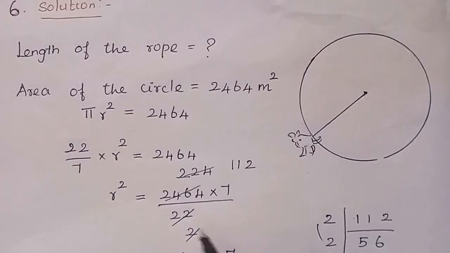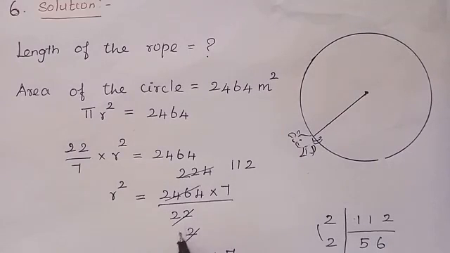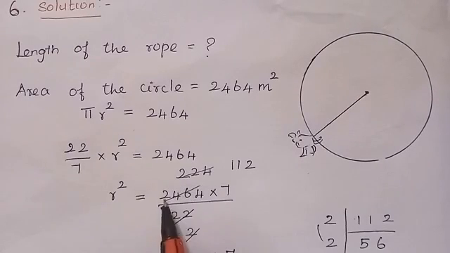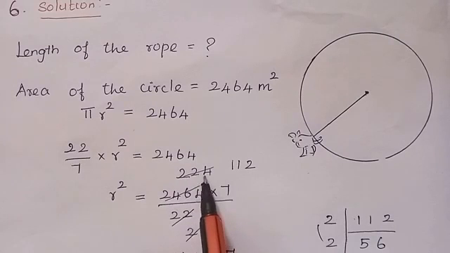Using the 11 table, first cancel 2 times 11. 2 11s are 22. Remaining 2, so the next number is 26. Again 2 times 22, remaining 4. 44 is remaining. 4 11s are 44.